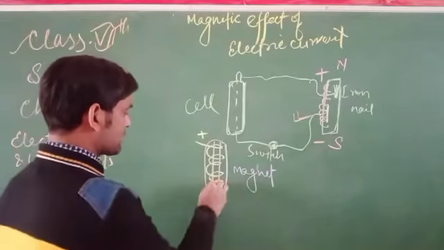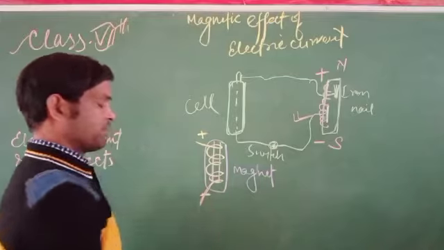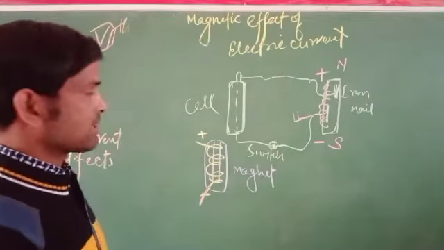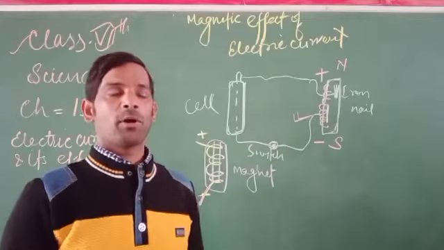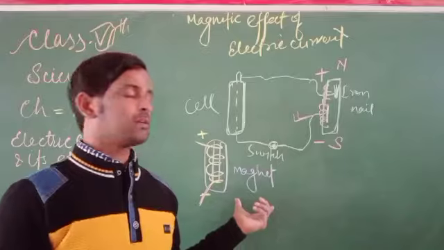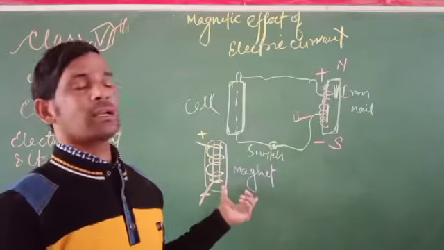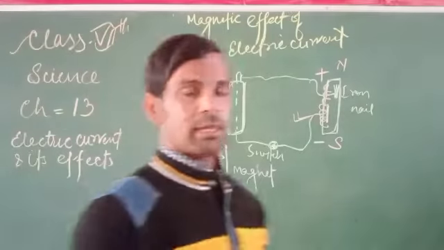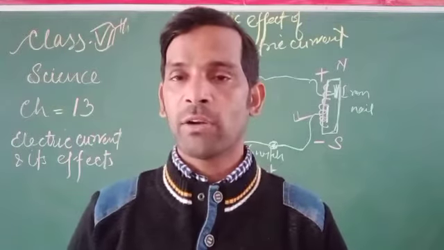What are the examples to be said? By giving the examples, we can say this is all important. These are the uses of the magnetic effect of an electric current. This can be another form of the magnetic effect of an electric current.